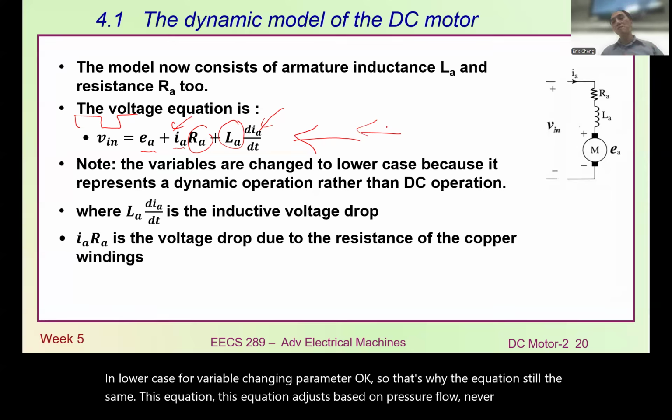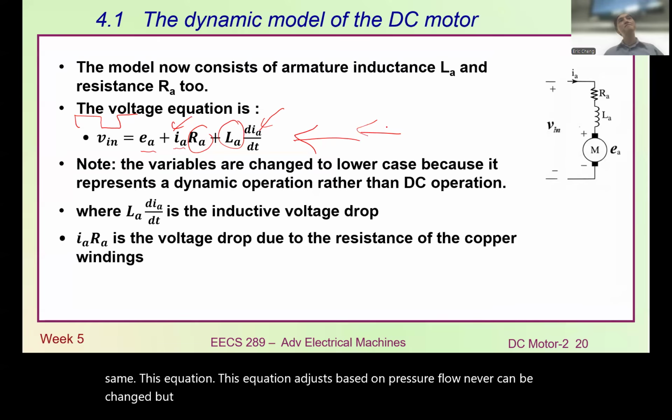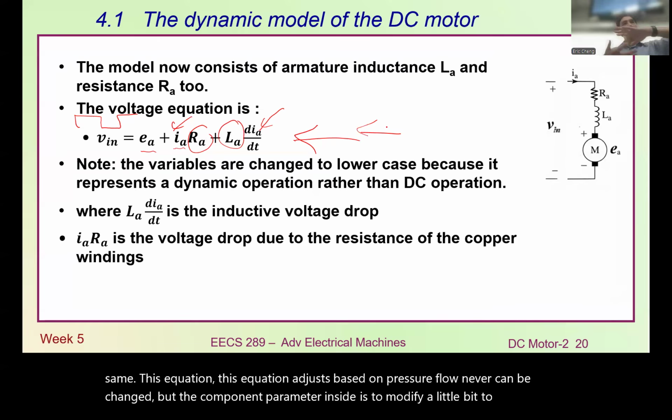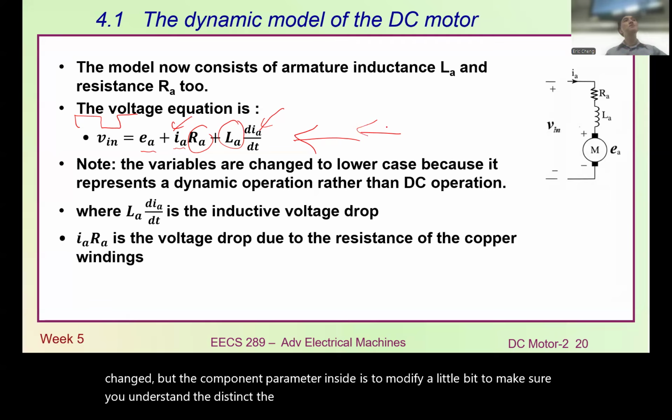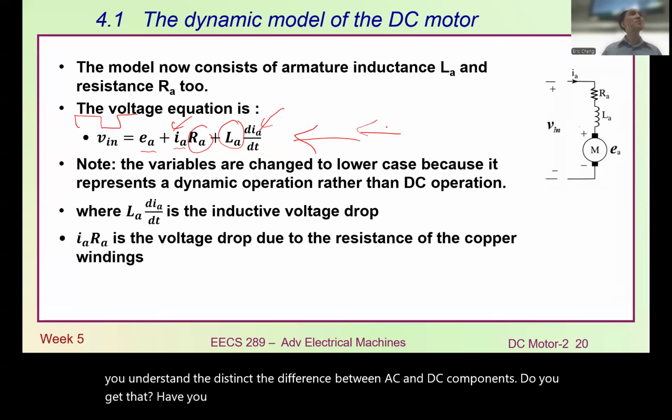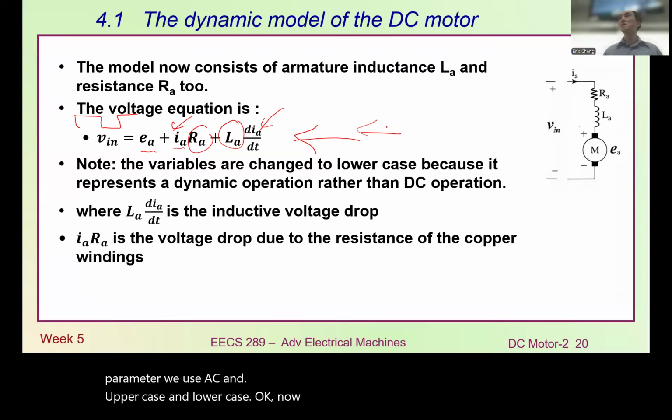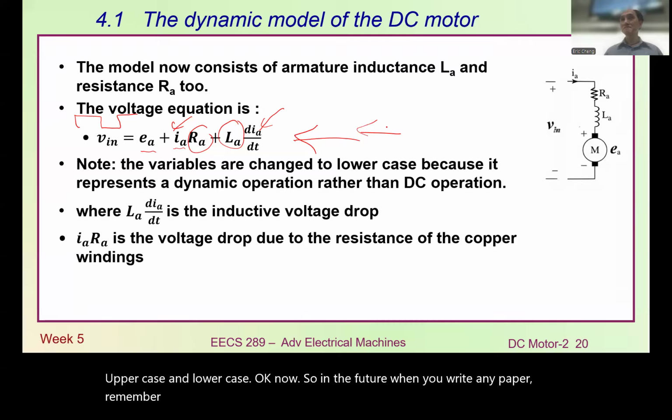But the component parameters inside I need to modify a little bit to make sure you understand the difference between AC and DC components. Do you get that? Have you learned that in the past? For all the electrical or engineering parameters, we use AC and uppercase and lowercase? No? Okay, now you know. So in the future, when you write up any paper, remember uppercase and lowercase, and what the difference is.